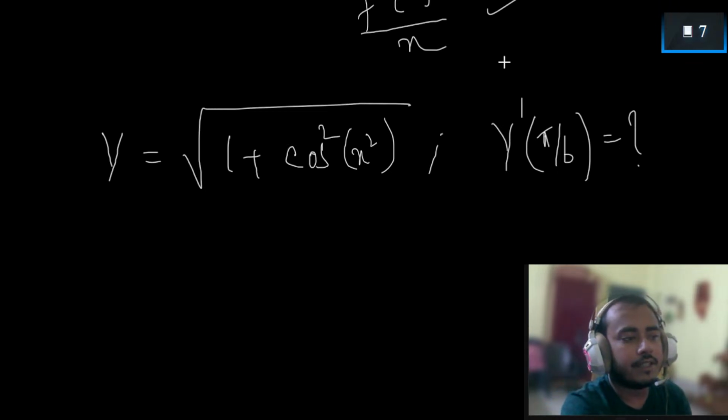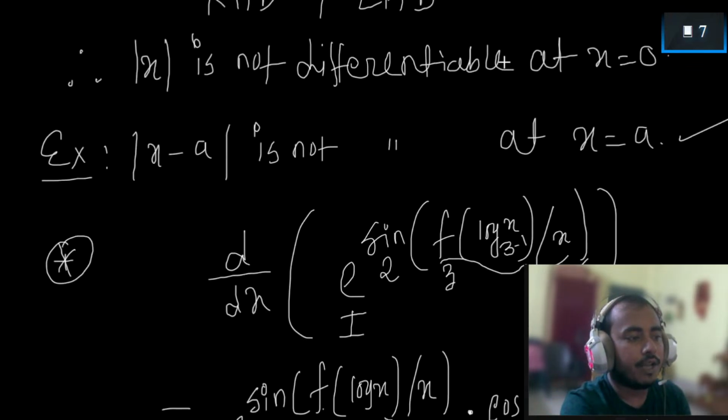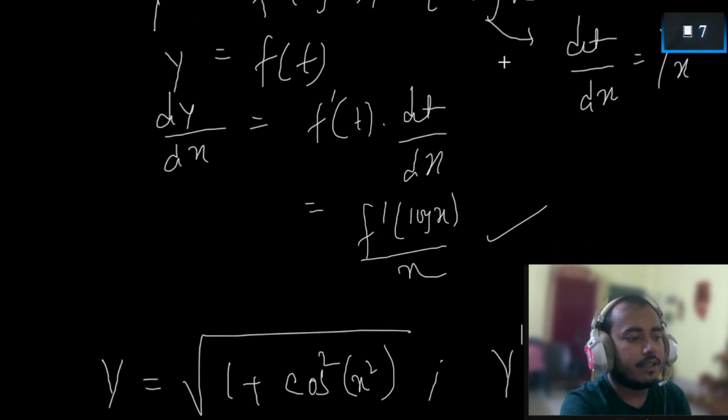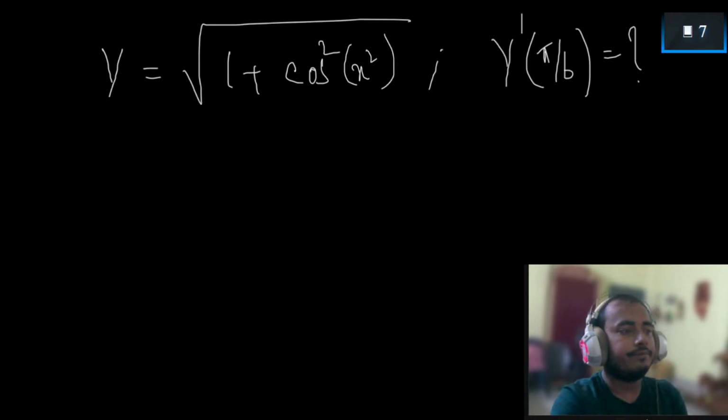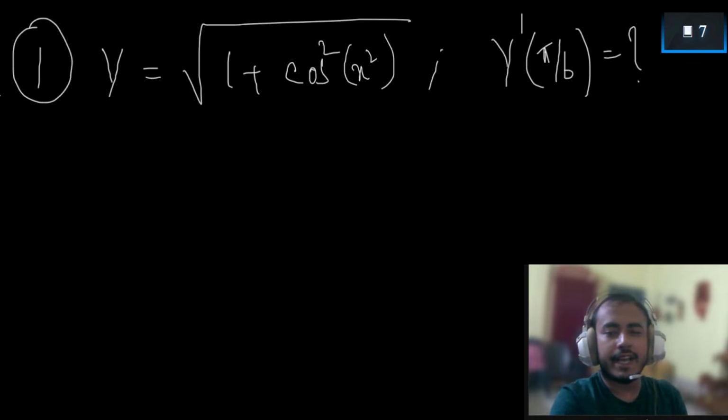Based on what we just learned in chain rule, and differentiability, this is a question that we want to study here. Let this be number one, our first question in the stream. So y equals root over of 1 plus cos of x squared whole square, and we want to find the value of the derivative of the function at pi by 6.